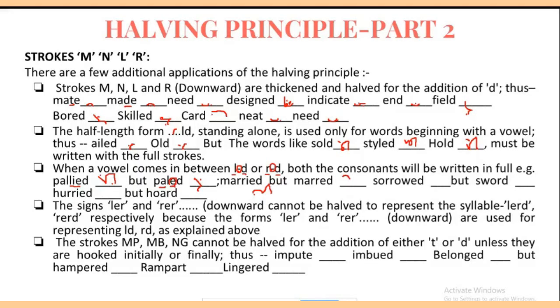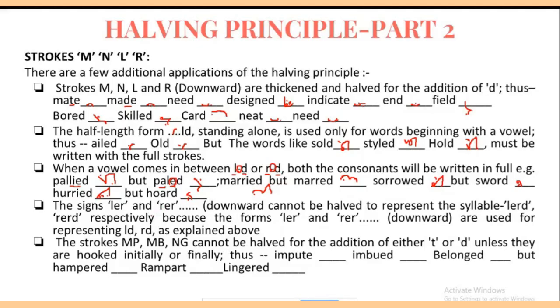M and R downward. Sorrowed, S, Ray, and D, but sword, S, R downward, thickened for the addition of D. Hurried, H, Ray, and D, but hoard, tick H, and R downward, thickened for the addition of D.